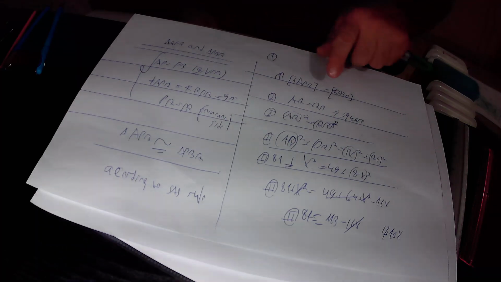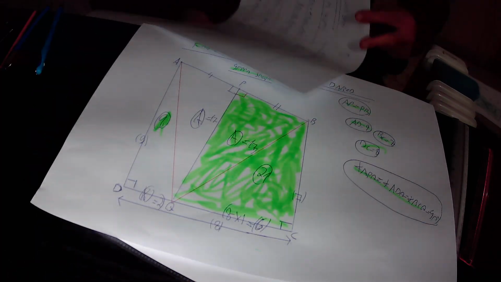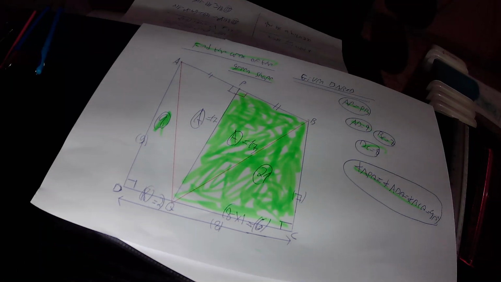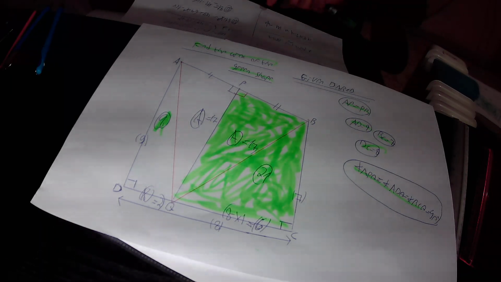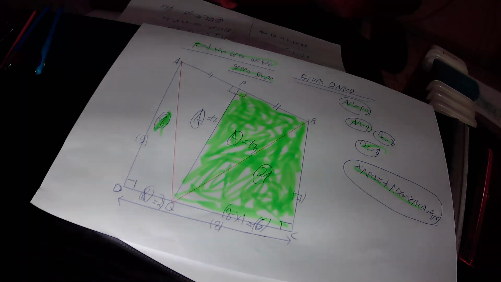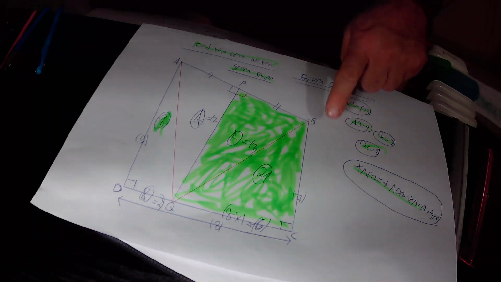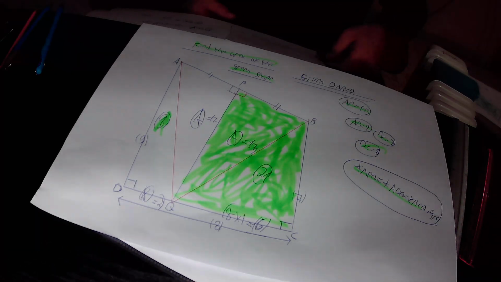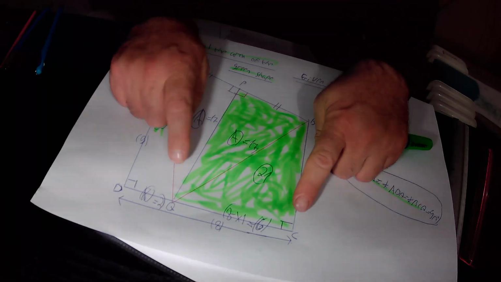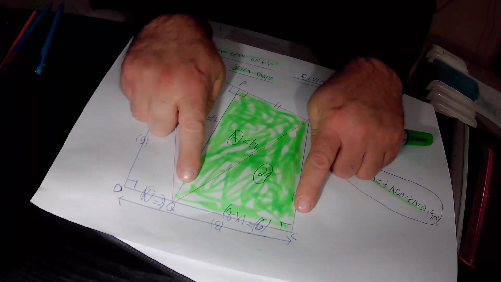So on this side of the equation we have 81 plus x squared, equals BC square plus QC square. BC is 7, therefore BC square is 7 squared, that is 49, plus QC square. QC is 8 minus x, therefore QC square equals 8 minus x squared.